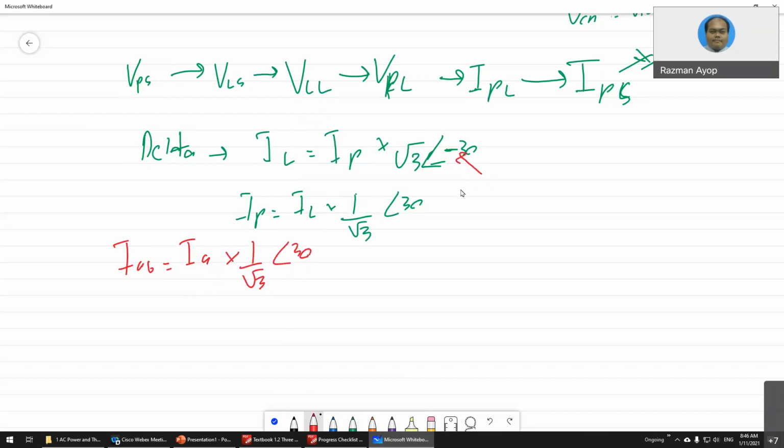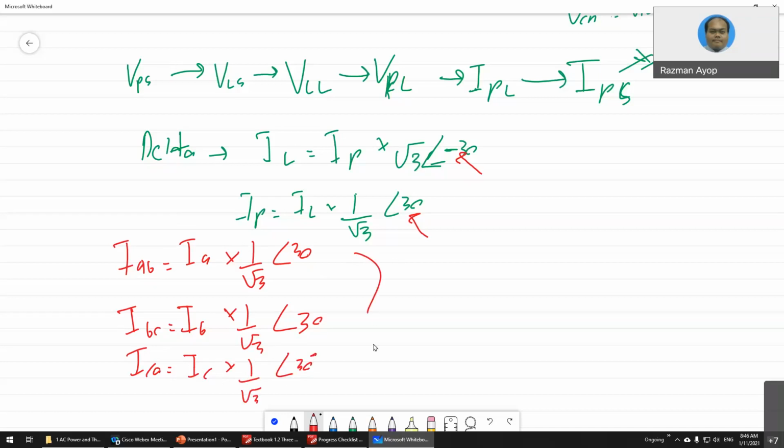Remember this one was negative; after you change it, it becomes positive. Also, make sure it is A and A. So IBC is equal to IB, remember B and B, multiplied by 1 over square root 3 angle 30 degrees. And lastly, ICA is equal to IC multiplied by 1 over square root 3 angle 30 degrees. This one is only for balanced load.